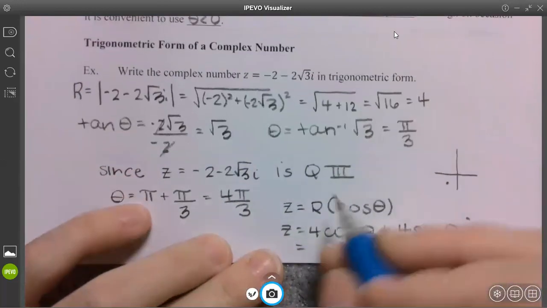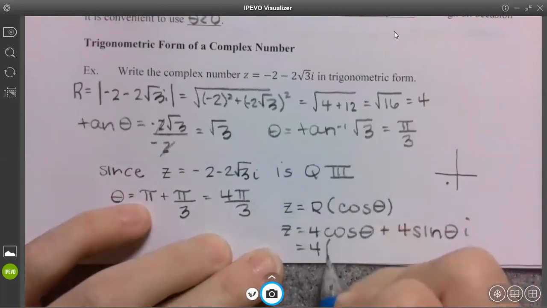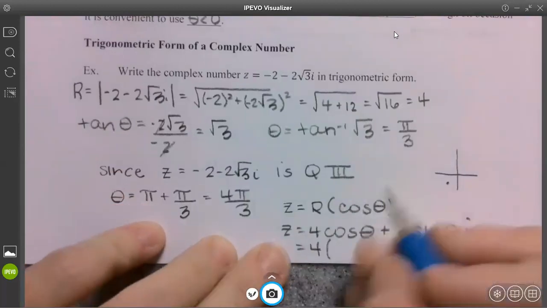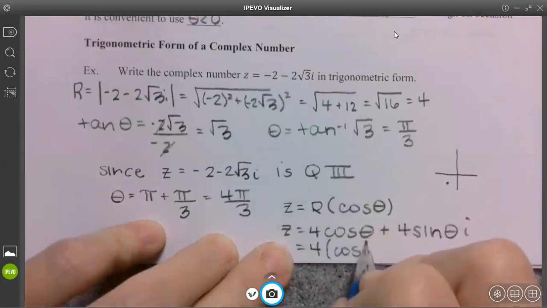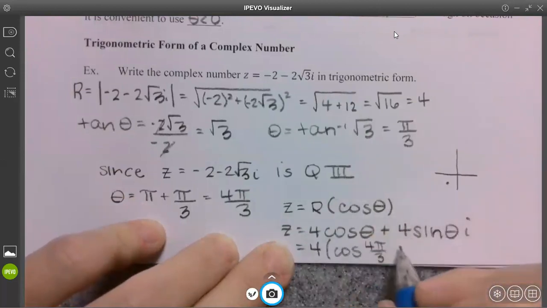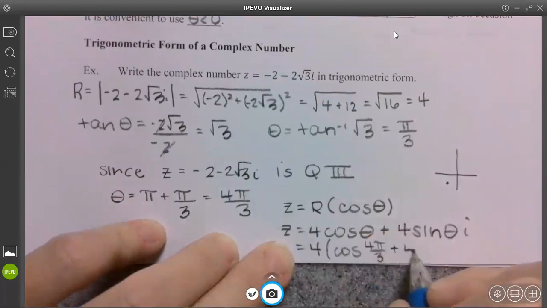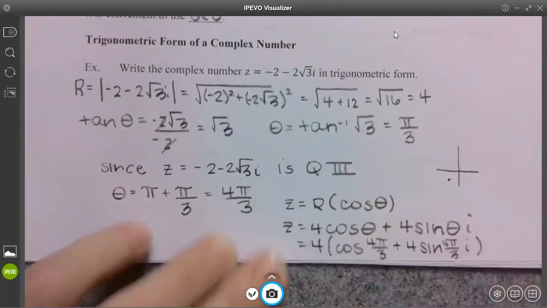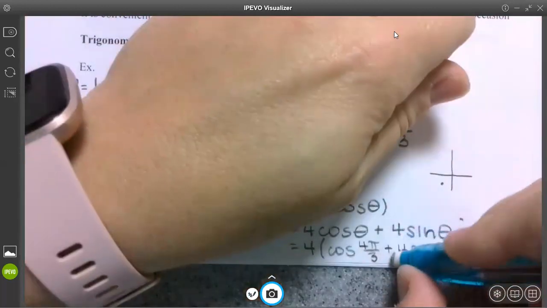Our theta was 4 pi over 3, and we can take this 4 out. So you can either put the 4 in like I just did, or you can separate it: 4 times cosine 4 pi over 3 plus sine 4 pi over 3 and your i. Oh sorry, that 4 will not go there because I took it out.